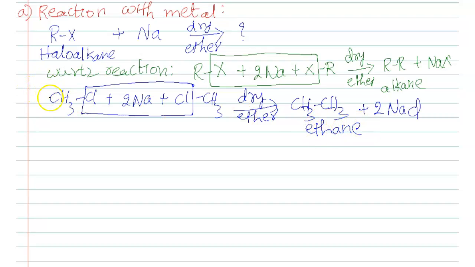Here we have taken methyl chloride. So methyl chloride on treatment with sodium in dry ether forms ethane.